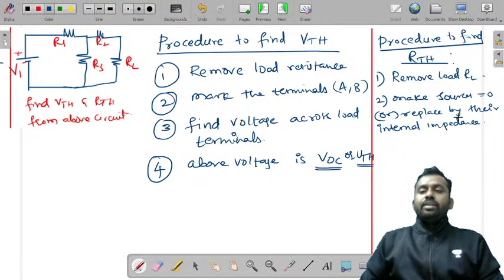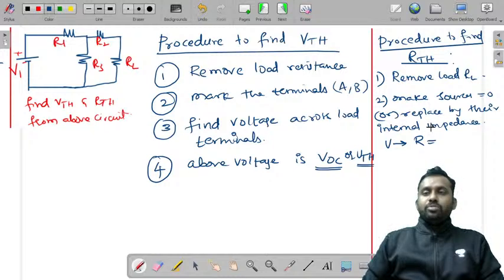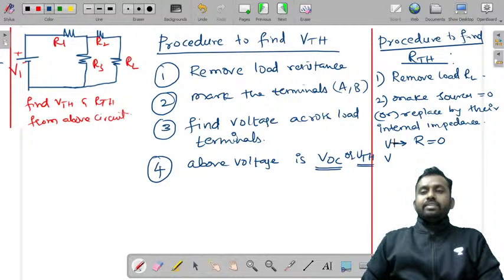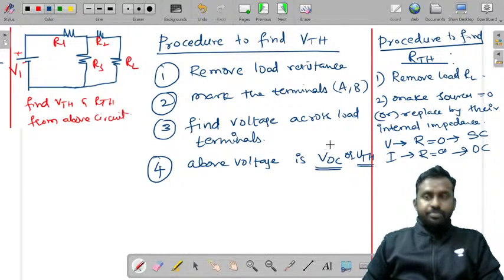For example, if there is a voltage source, replace it by its internal resistance value 0, ideal internal resistance value. That means if you have a voltage source, replace it by a short circuit, and if you have a current source, replace it by an open circuit.